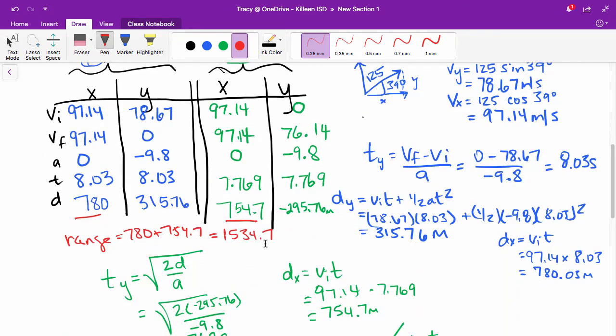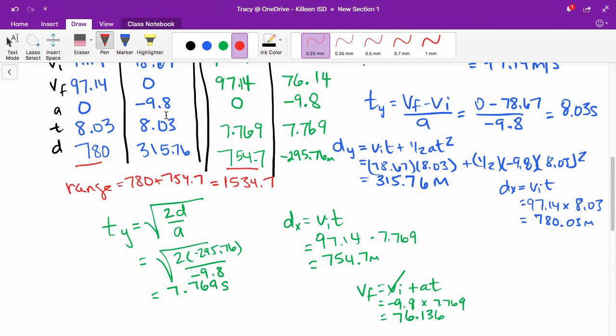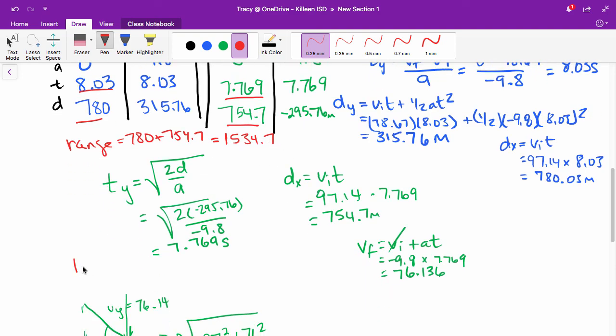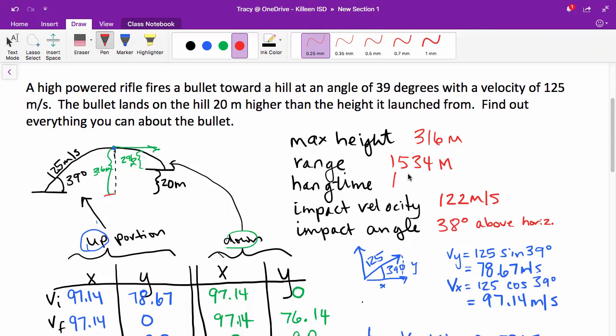And then the hang time is how much time it was in the air. So it was in the air for 8.03 and then 7.769. So when you add those together, you get 15.8 seconds.